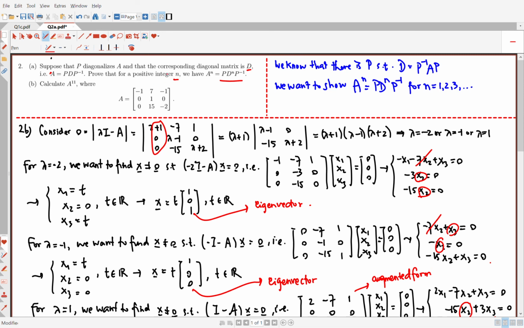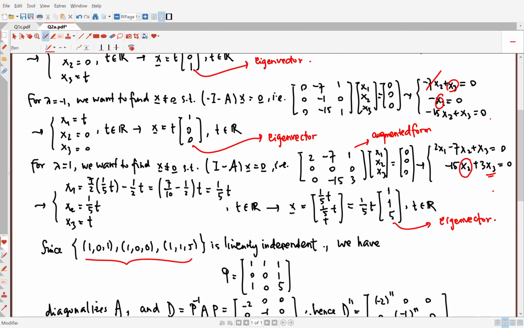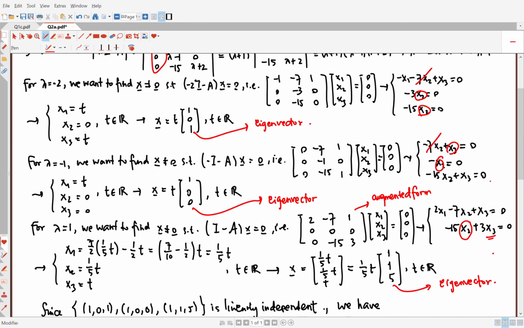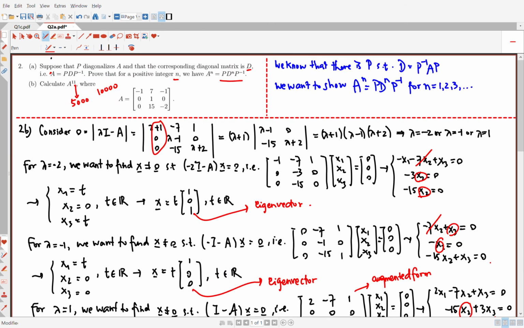But then imagine if this is not 11, let's say this is 5,000 or maybe 10,000, right? By using this method, the process is the same, and it will only take you 18 minutes. But if you want to compute this manually, it will be very long.